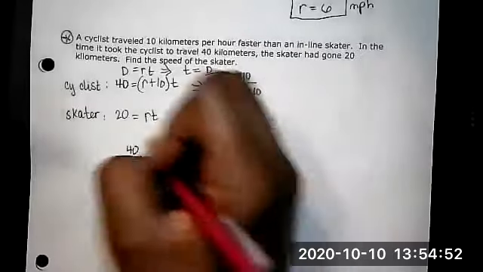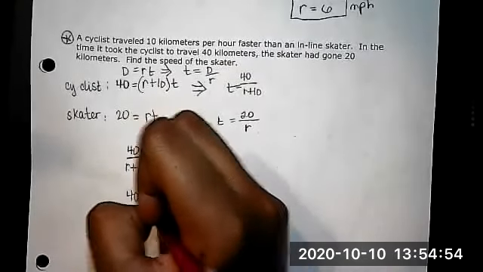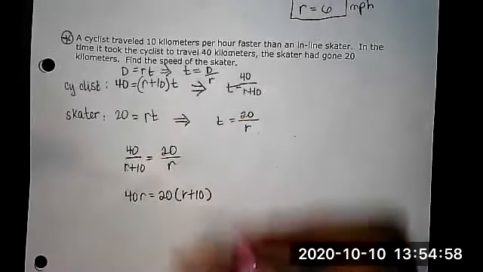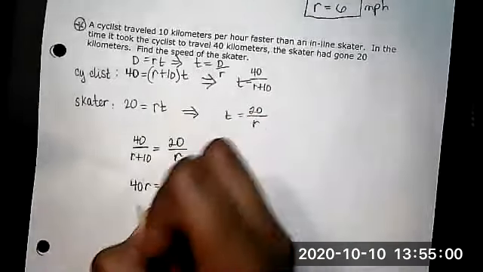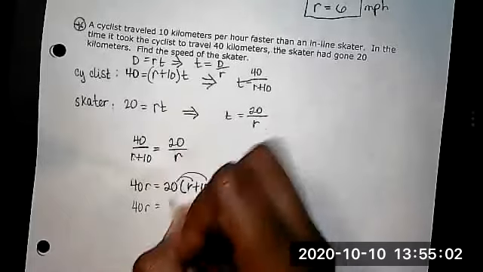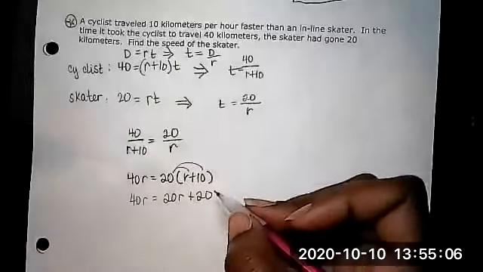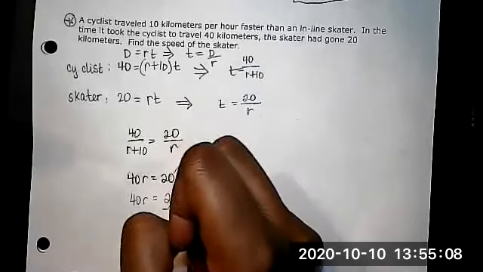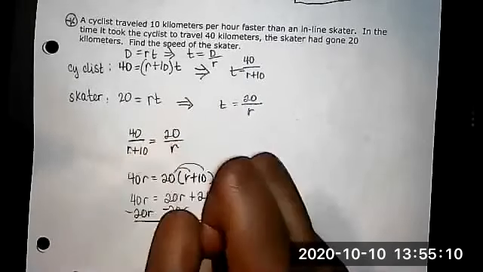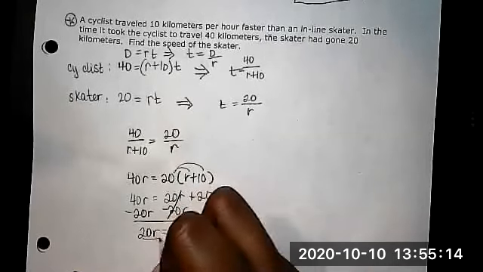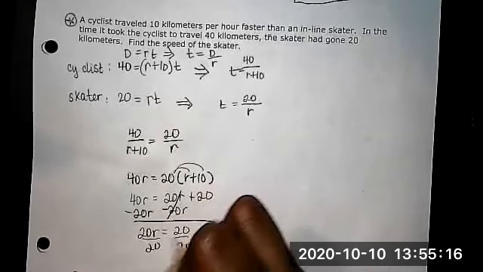Go ahead and cross multiply. 40R equals 20 times R plus 10. Go ahead and distribute. This becomes 40R equals 20R plus 20. Subtract 20R from both sides, and this is 20R equals 20. Divide by 20.